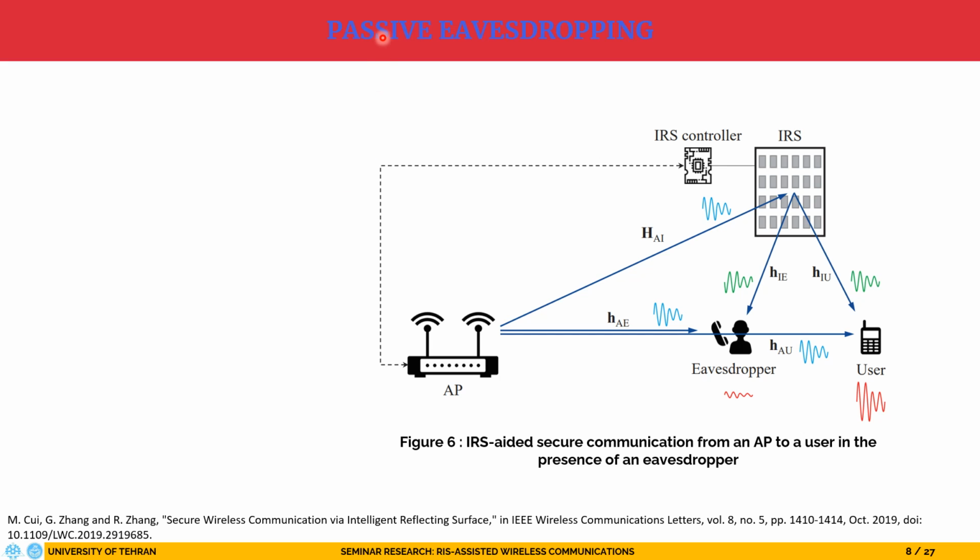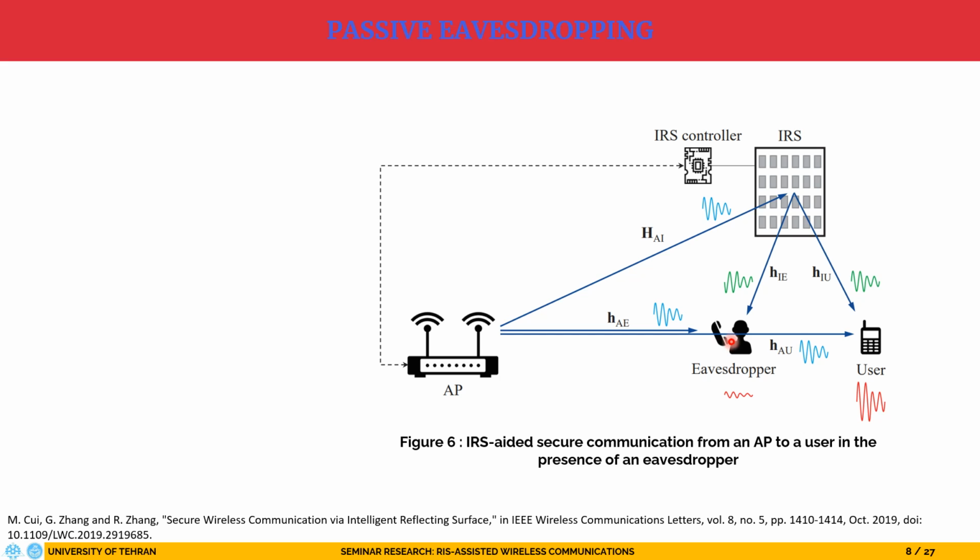As an introduction, I should first introduce you to passive eavesdropping, in which an eavesdropper comes into the cell and network, and uses the public pilots in the network. The pilot signal is public and everybody can have it, and it is used in channel estimation.